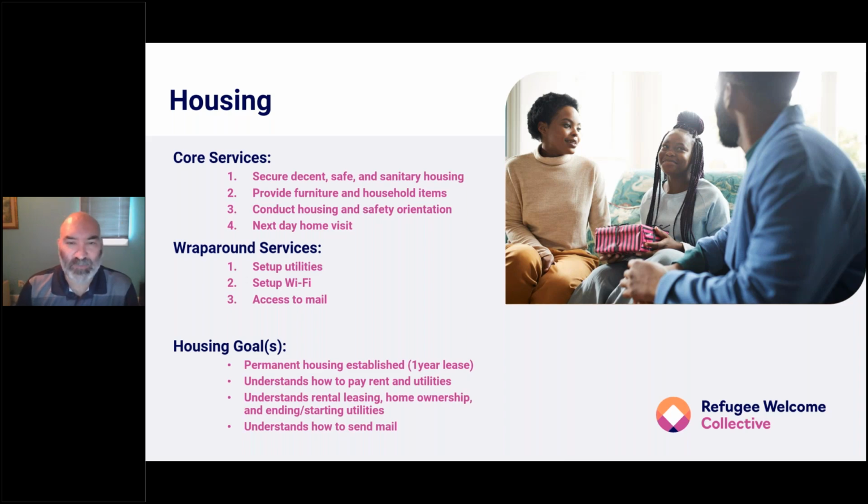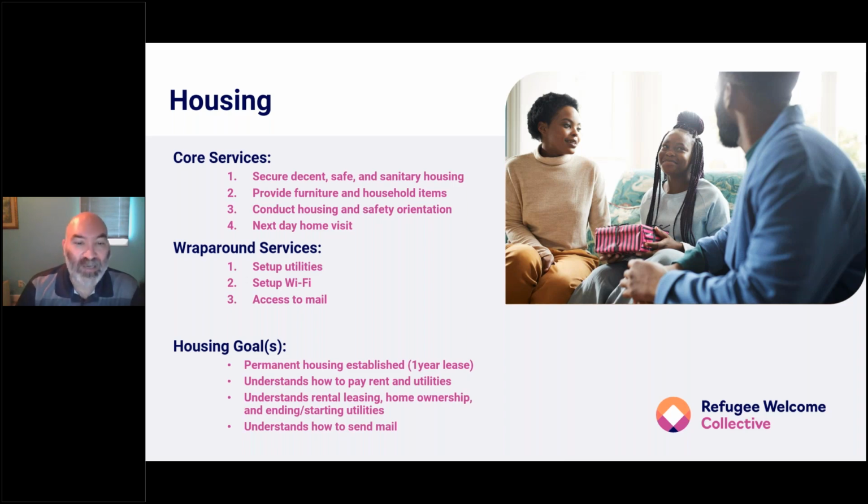Some specific housing related goals related to integration, self-sufficiency, and family well-being: permanent housing is established, and permanent housing usually refers to having at least a 1-year lease, that someone is leased up and has a legal document, that lease, that says they are housed, that they belong there as long as they pay their rent.